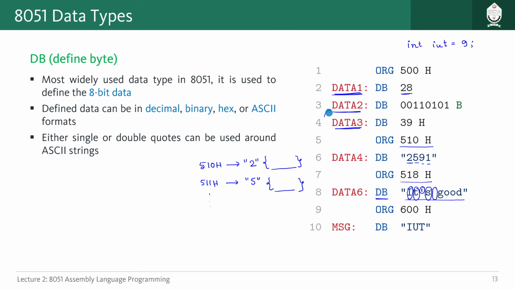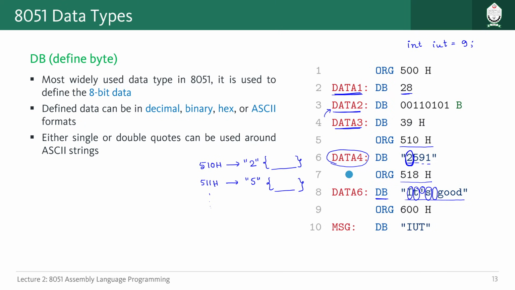But let us look at this one. If I call data 4, then which value should come? Because this is not an 8-bit value, rather more than that. So if I call data 4, 8-bit data should come, and that is what happens. By data 4, basically we are just representing the first value we have here. So if you write data 4 elsewhere in the code, what we are trying to call is 2, not 5, not 9, and 1.